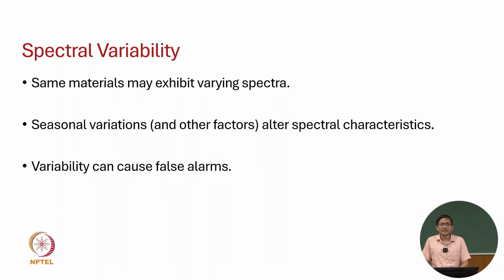And these variabilities can also sometimes induce false alarms. Indeed, false alarms are an interesting phenomenon in the case of anomaly detection, and we will come to a discussion about false alarms specifically later in today's lecture.